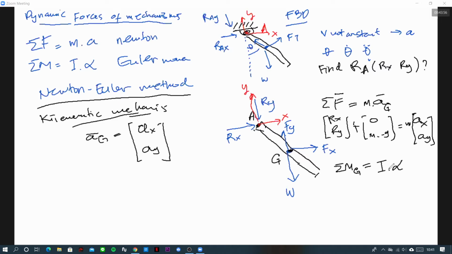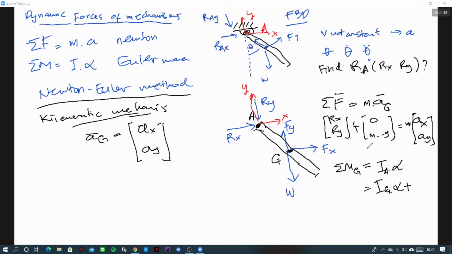And for I, you can type I here because the center of rotation is at point A. If you remember, you can type directly I at point A. Or you can replace it by I at G times alpha, then plus Fy times the length.